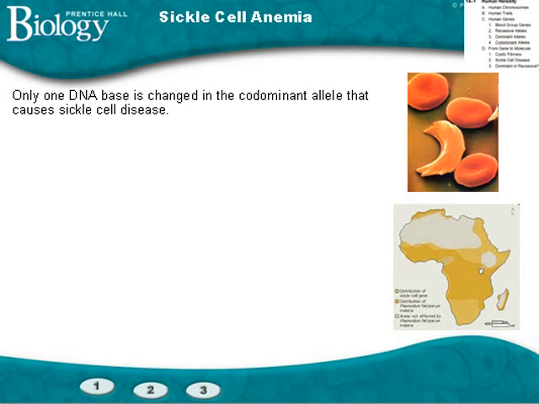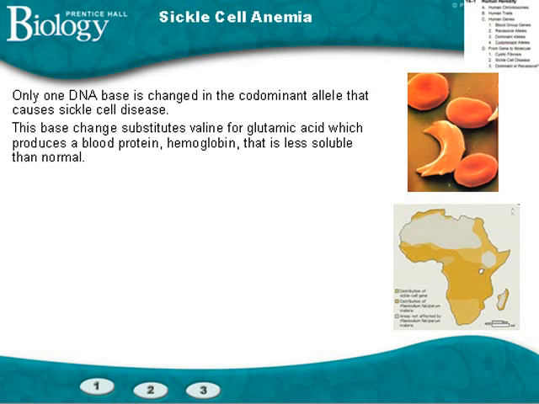This is from sickle cell anemia, where there's a codominant allele that causes sickle cell anemia. Now this allele is very, very interesting because while it can cause a really terrible illness, it also is very advantageous to be a carrier.